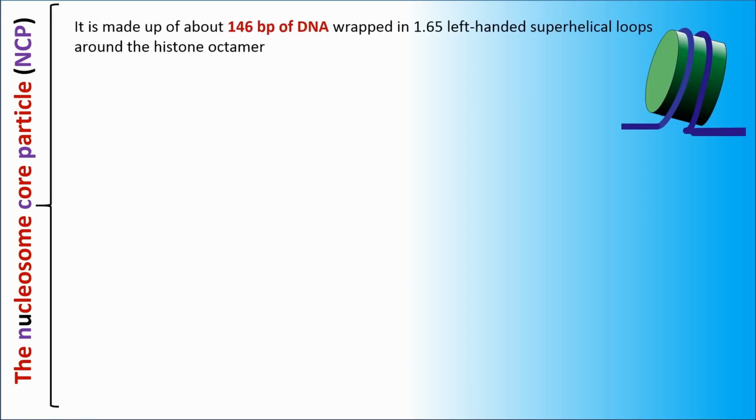It is made up of about 146 base pairs of DNA wrapped in 1.65 left-handed superhelical loops around the histone octamer. It is formed of 2 H2A, H2B dimers and 2 H3, H4 dimers.